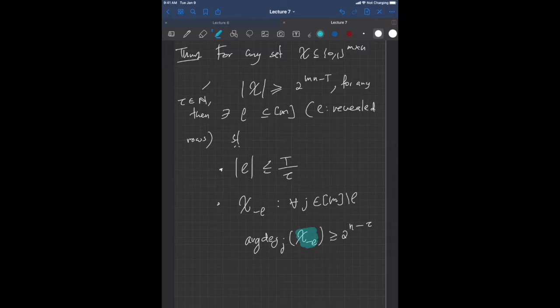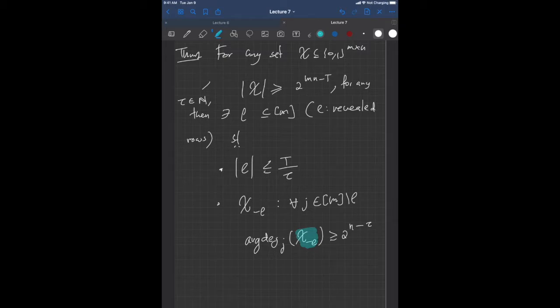Because we did have one example where all the rows had low average degree if you looked at the original set, but if you remove one of the rows, it is possible to bring the average degree to the maximum possible.